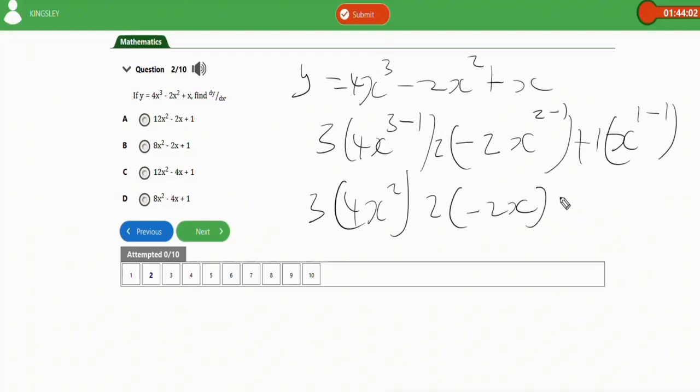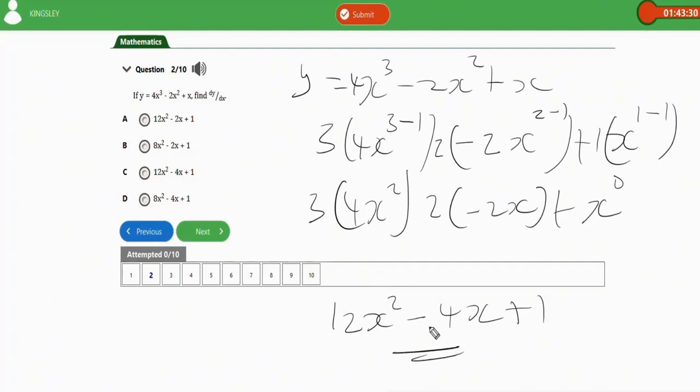Plus we have x to the power 0, and anything to the power 0 is 1 in indices. So our final result will be 12x squared minus 4x plus 1. That will be the answer to this question. The correct option is option C, 12x squared minus 4x plus 1.